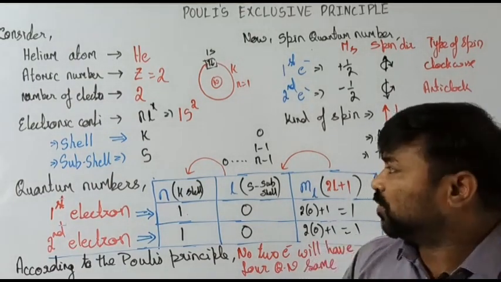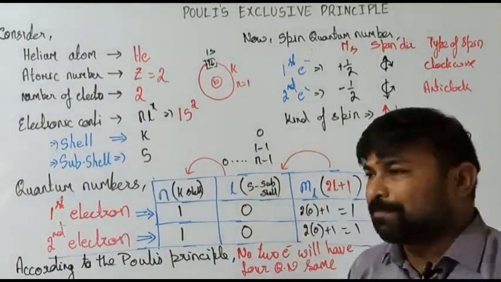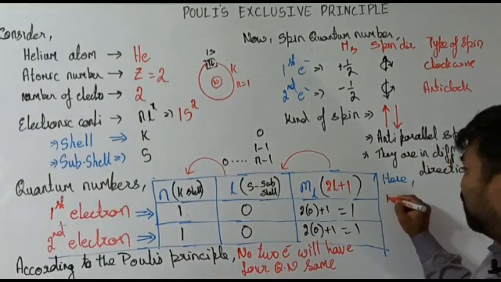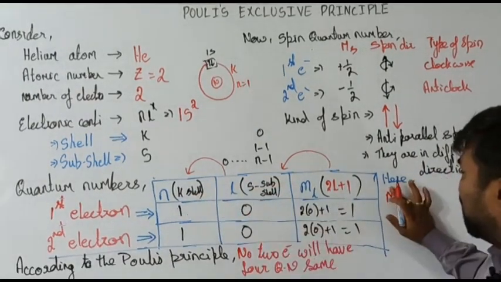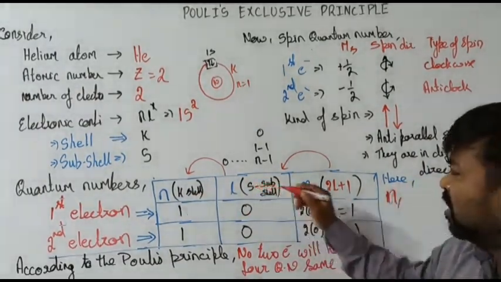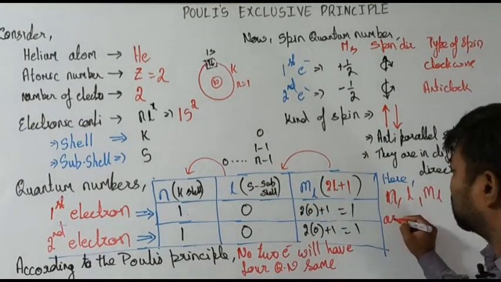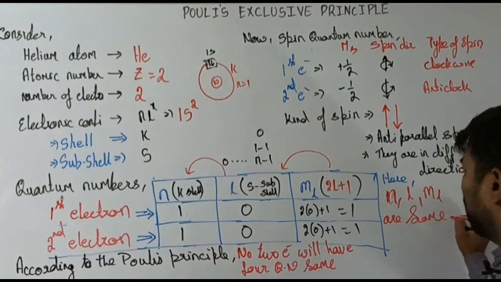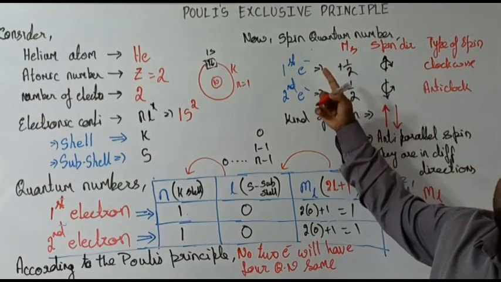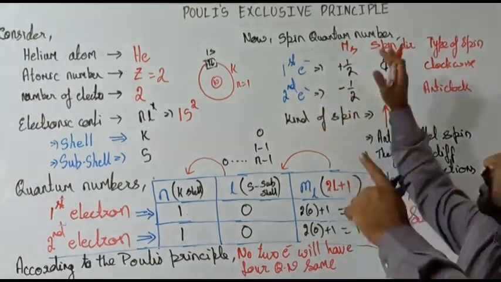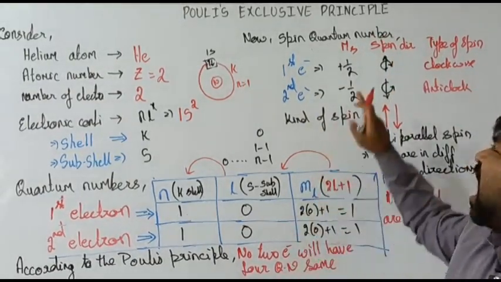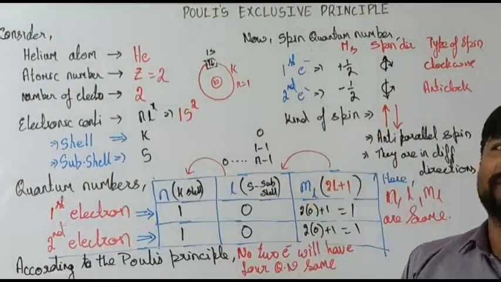So what we have observed is that the principal quantum number, azimuthal quantum number, and magnetic quantum number are the same. Only the magnetic spin quantum number, the half-integral value, is differing.